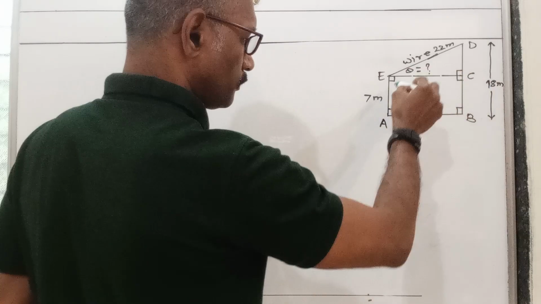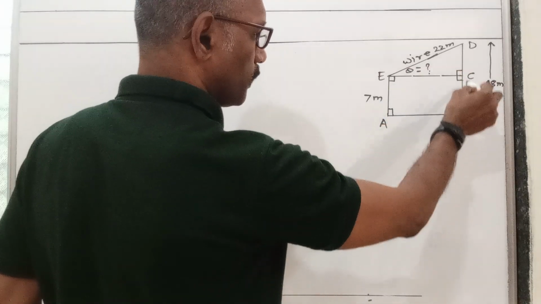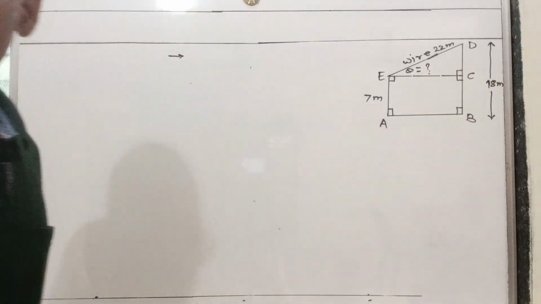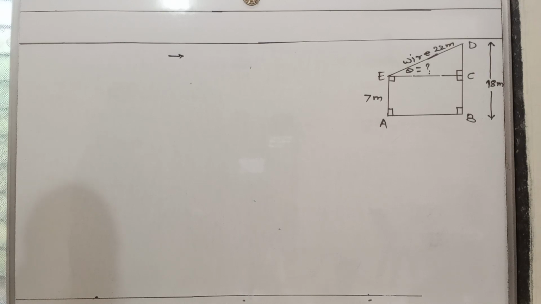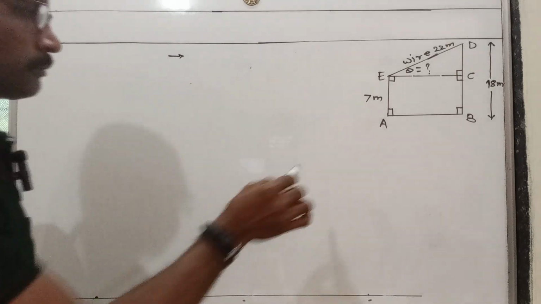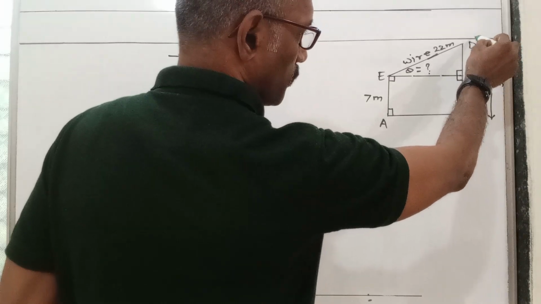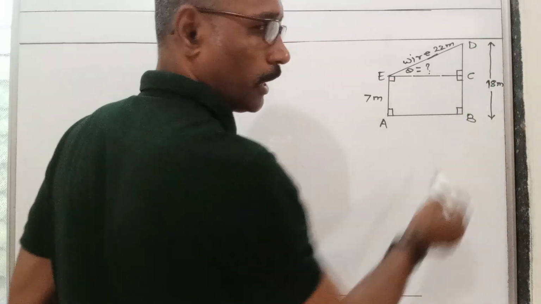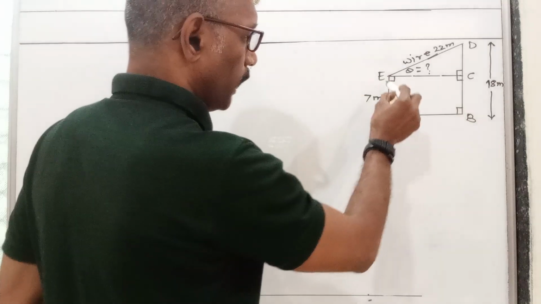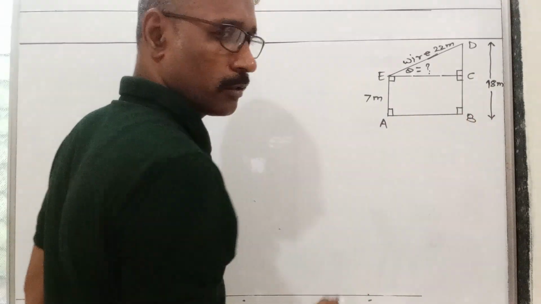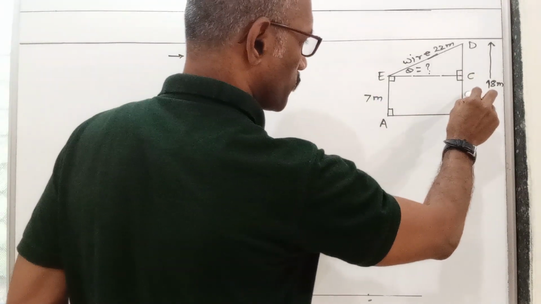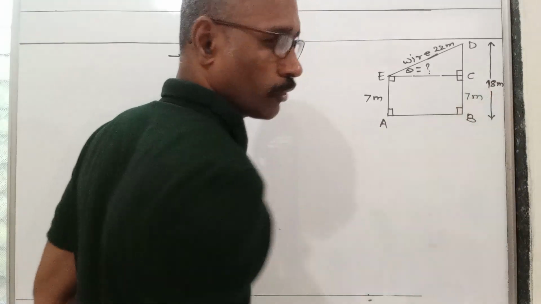Therefore, quadrilateral ABCE is a right angled quadrilateral. This is a new name. Now see here, this BD 18 meter and this is a right angled quadrilateral, so opposite sides are congruent.